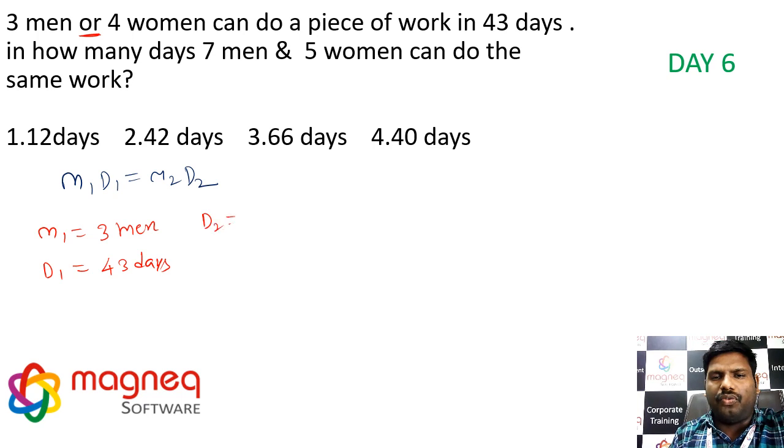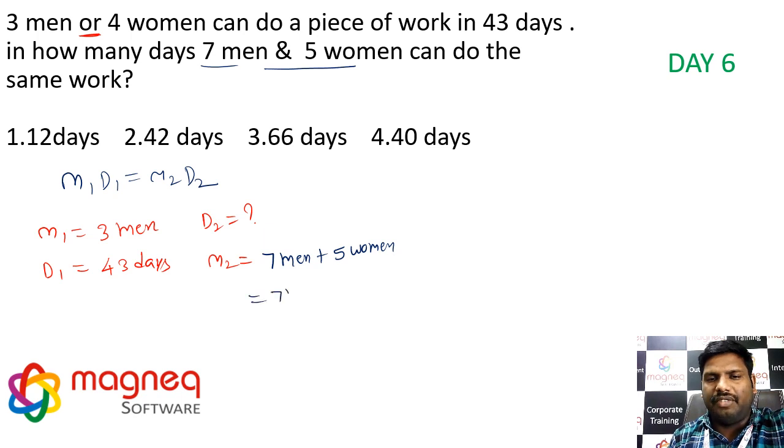D2 value we have to find out, and M2 value is 7 men and 5 women. But calculation is always in equal parameters. M1 value is 3 men, so M2 value should be in men only.